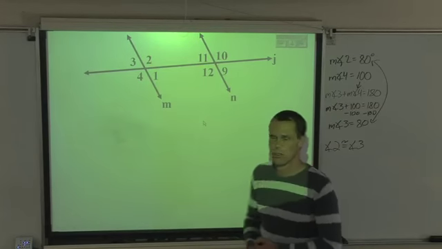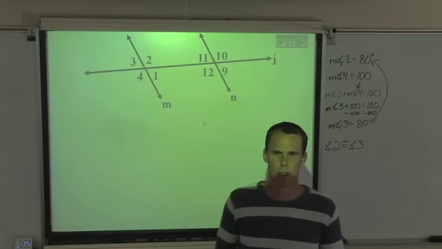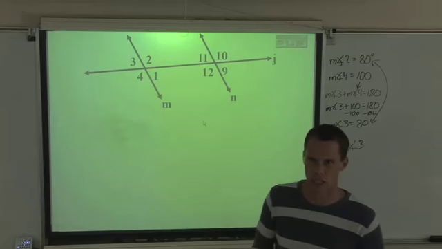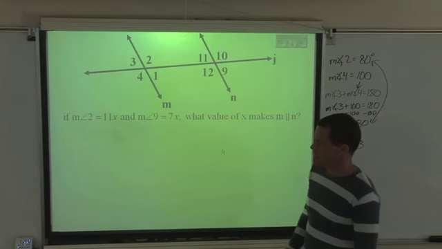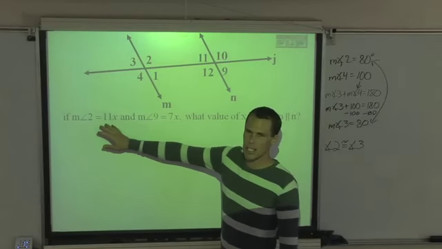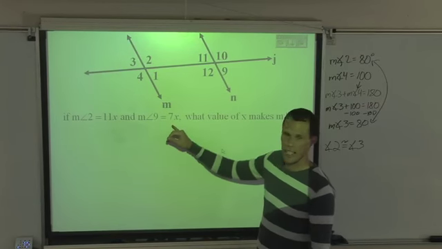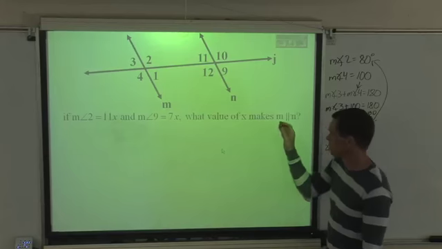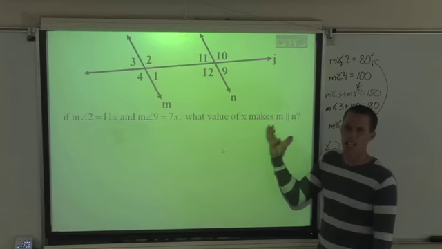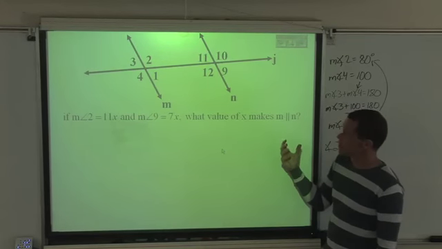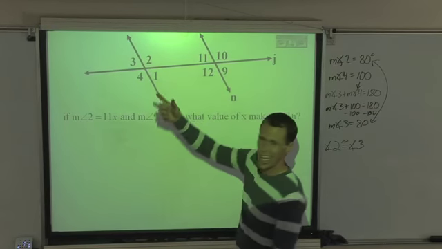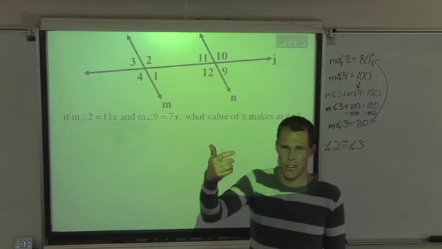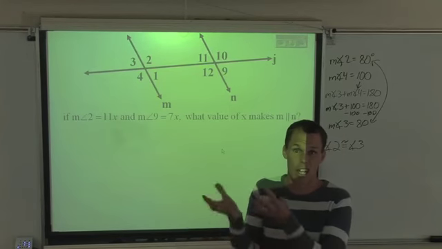Our final example is going to be involved. What if we wanted to make the lines parallel using these properties and theorems here? For example, if angle 2 was 11x and angle 9 over here was 7x, what value of x would make them parallel? Okay, well, 2 and 9, they're not alternate interior, they're not corresponding, they're not same side interior, they're none of these three.